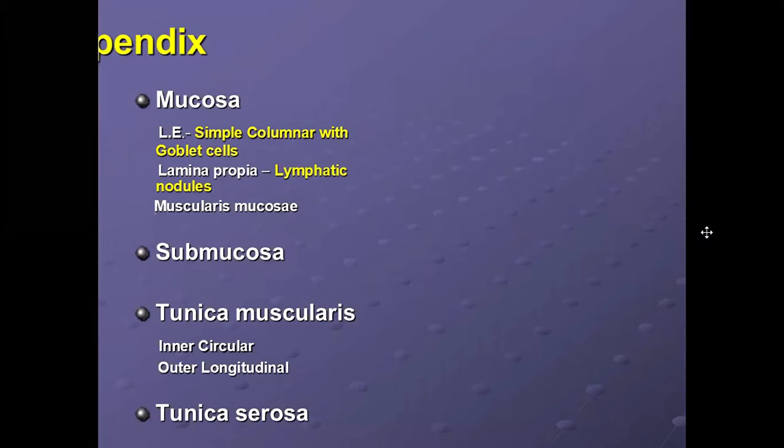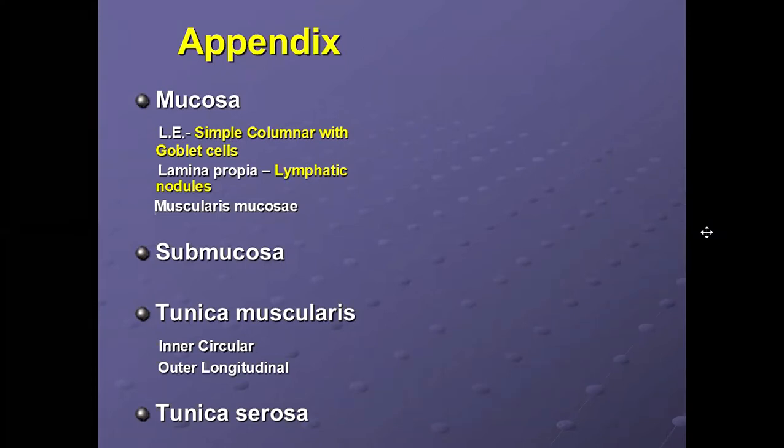Mucosa of the appendix is the same: simple columnar with goblet cells, lamina propria, lymphatic nodules. They have no names in the appendix. Lymphatic nodules, muscularis mucosa, submucosa, the same.